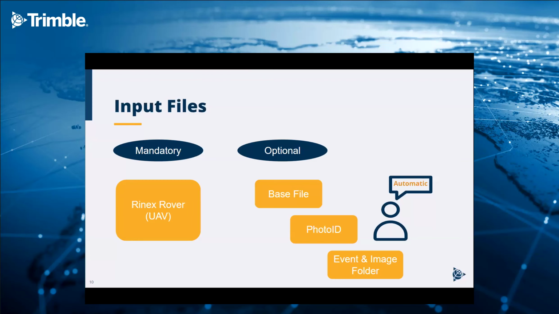And when you link the images with the event file information, then you can create that photo ID file. The target is obviously that you have the photo number, and at the end, for each photo number or photo ID, you will have position information, so north, east, down, or X, Y, Z.